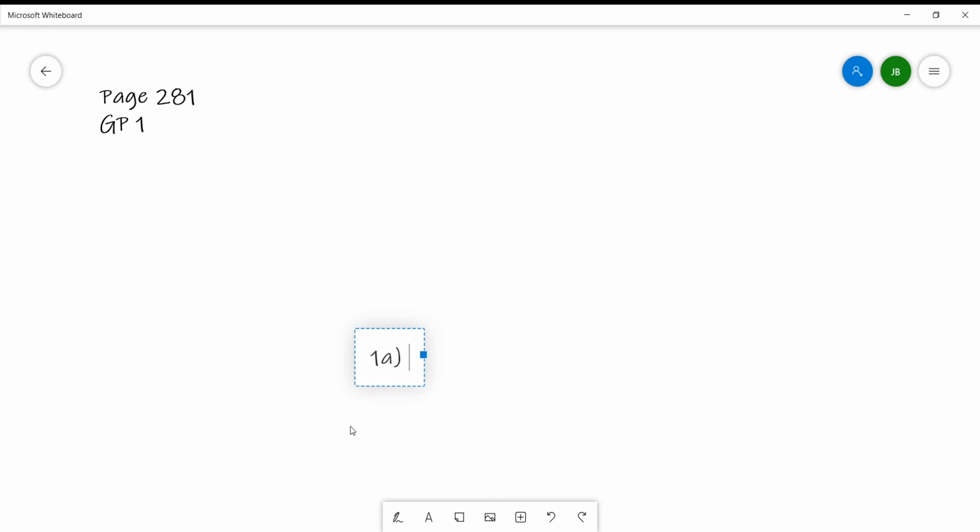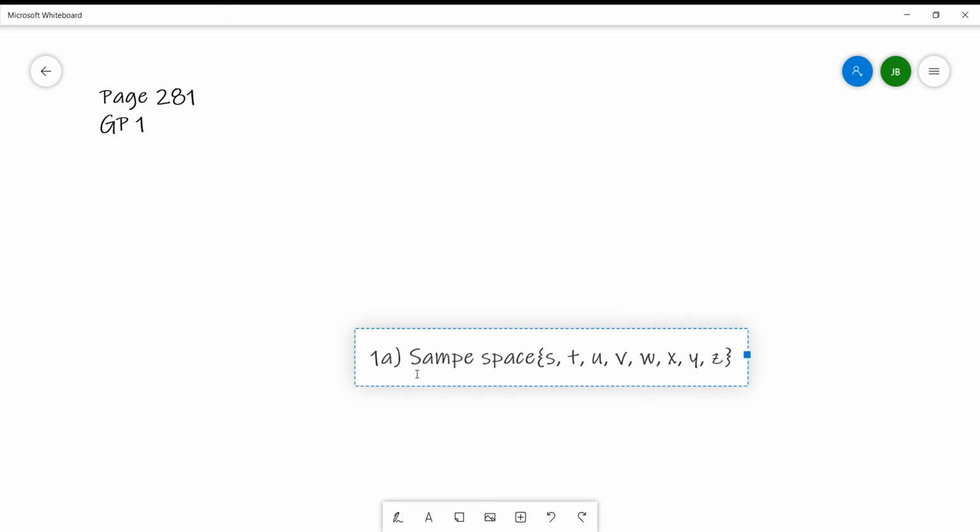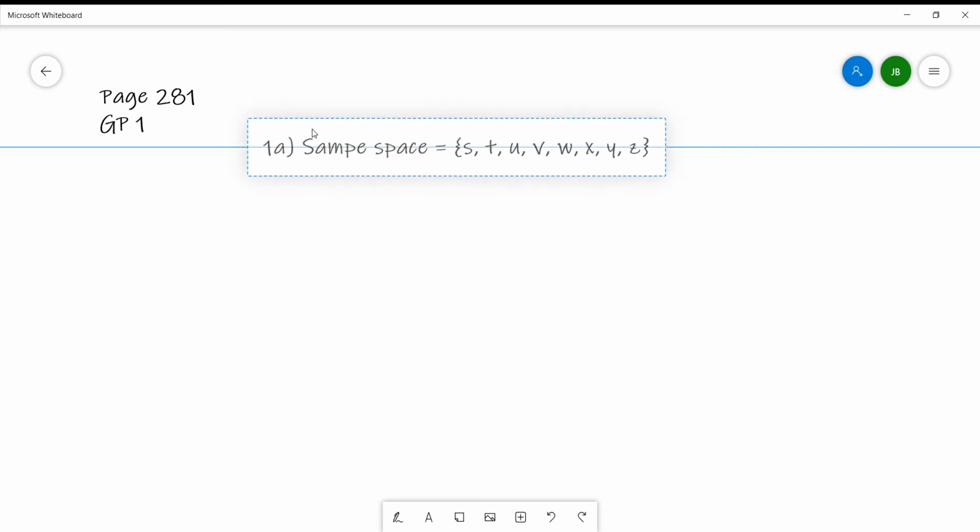The sample space is S, T, U, V, W, X, Y, Z. You see, sample space equals that. Making sense?